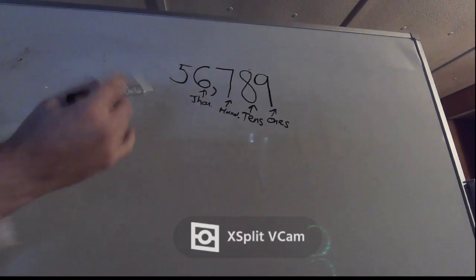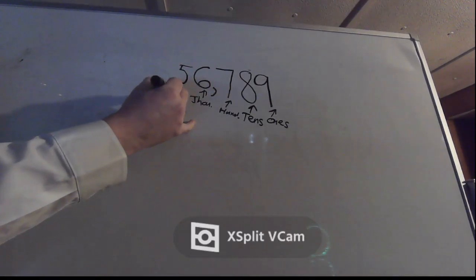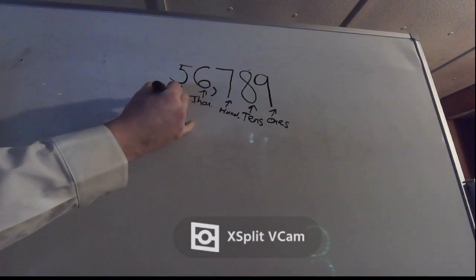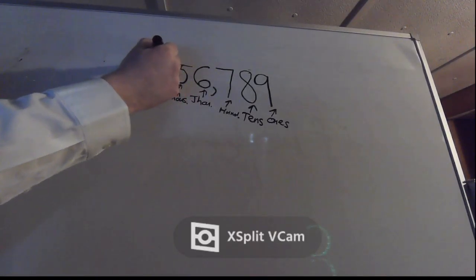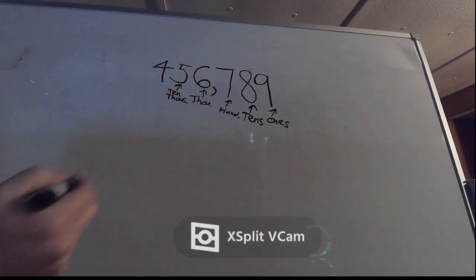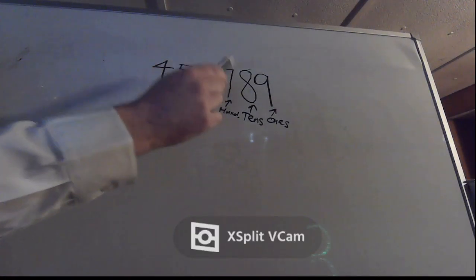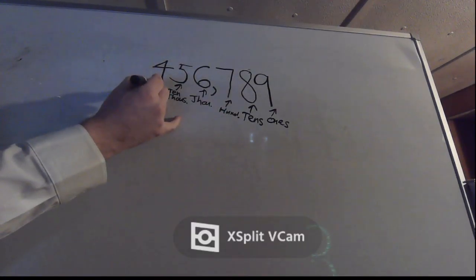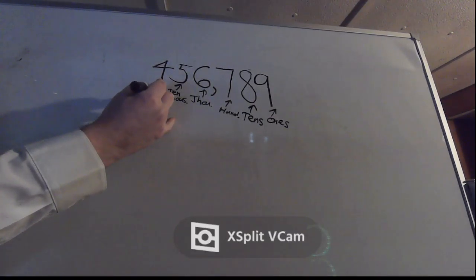I put a 5 in front of that 6. I now have 56,789. That's going to be in the 10,000s place. And then you get it. You guessed it. If you guessed I was going to put a 4 there, you were right. We have 456,789. That's in the 100,000s place.